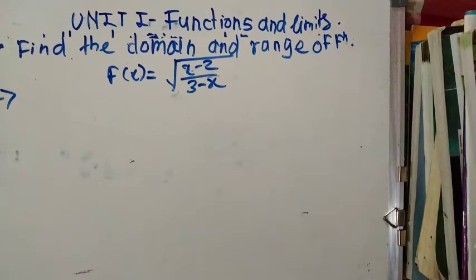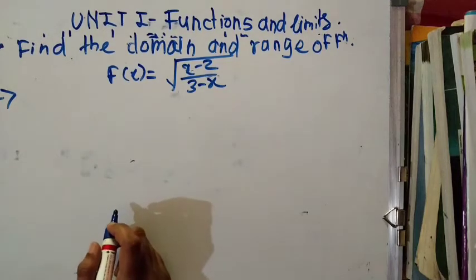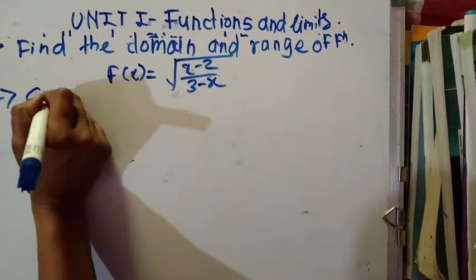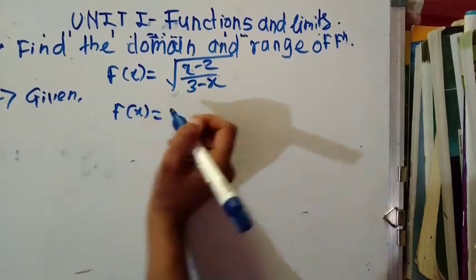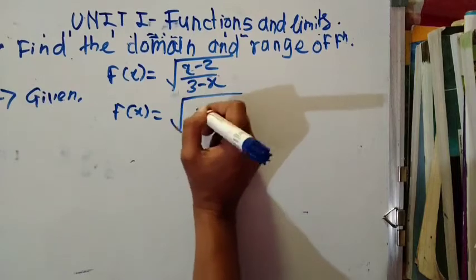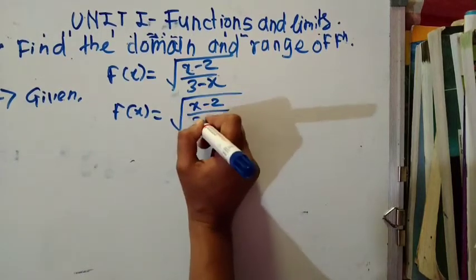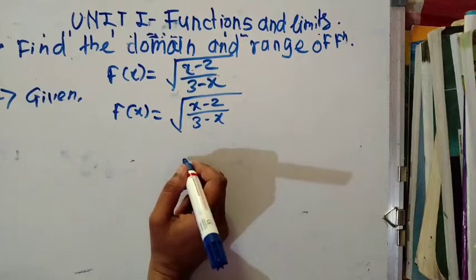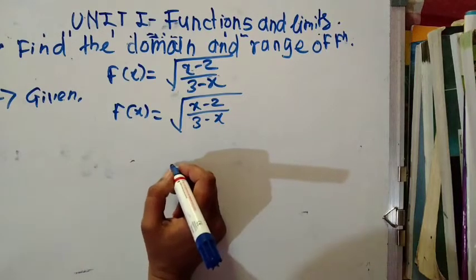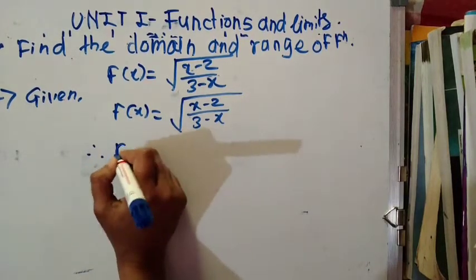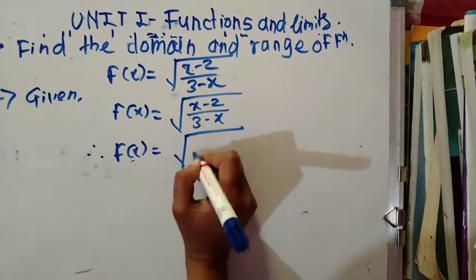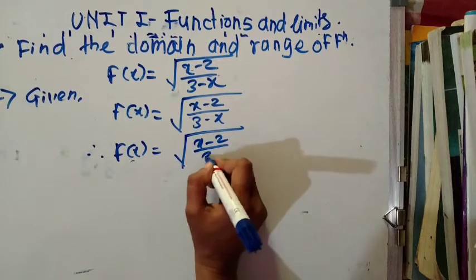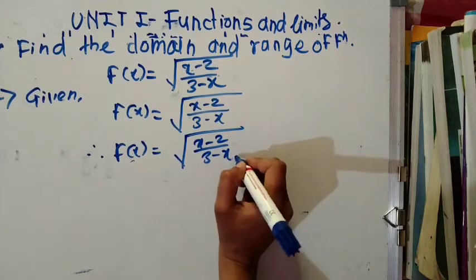Find the range and domain of the function. Then first, given that f of x is equal to root x minus 2 upon 3 minus x.